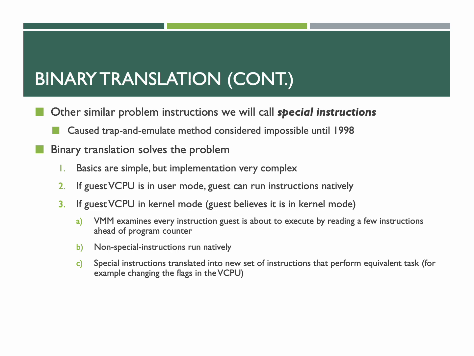For example, some instructions might change the state of the CPU silently without alerting the hypervisor through a trap, making them difficult to manage in a virtualized environment. Binary translation emerged as a solution to these challenges around 1998 when it became feasible to translate problematic CPU instructions into safer hypervisor controlled operations.